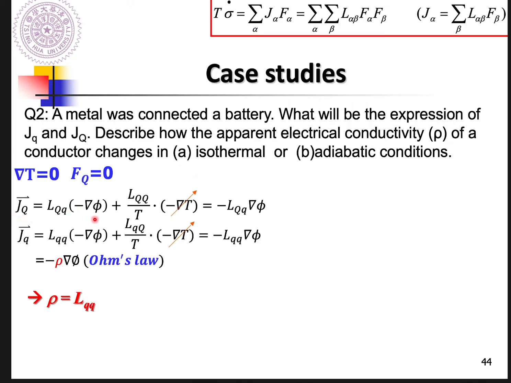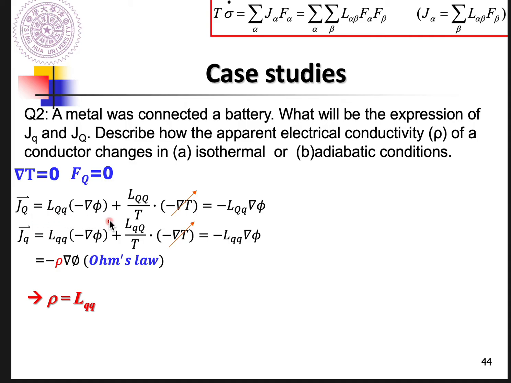So in this case, there's only one driving force to drive the heat flux, which is the battery, the electrical field. The battery you connected to this material, or the electrical field you apply on this system. So even in this system, the temperature gradient is equal to 0, but there is still some heat flux flowing through your materials.